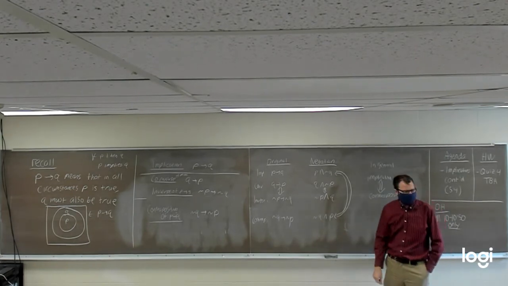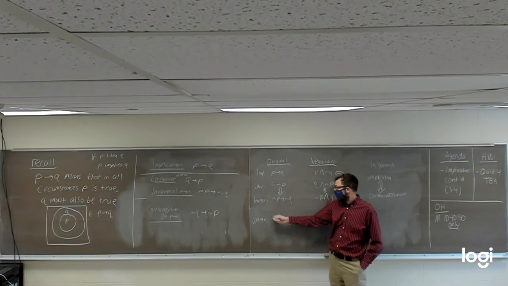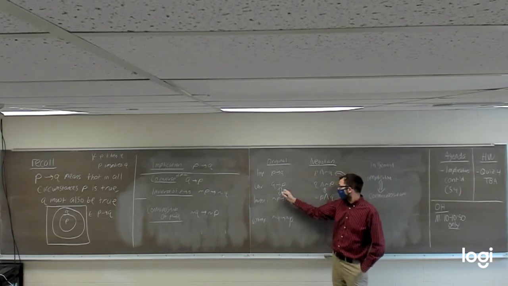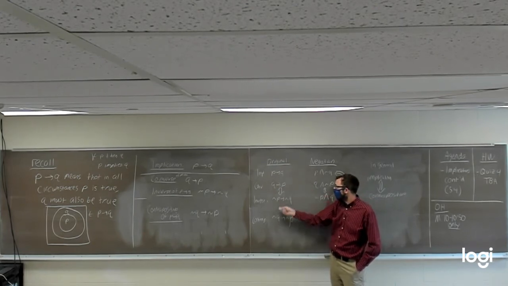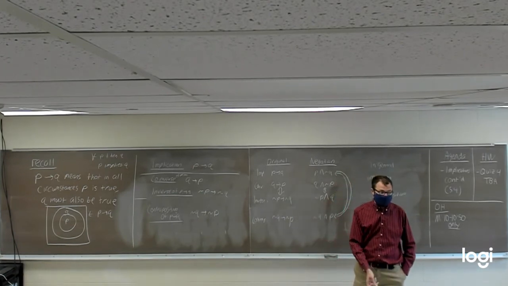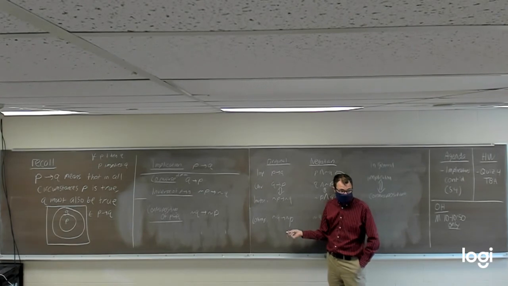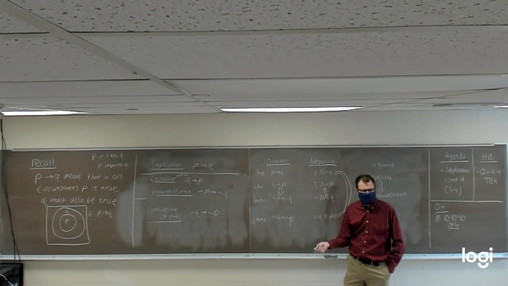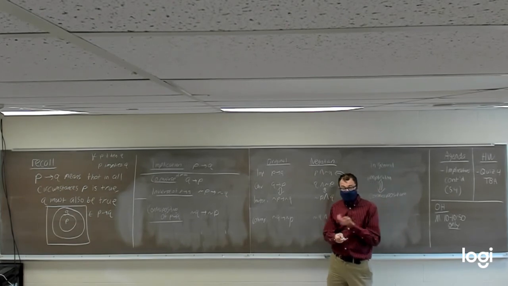Which is kind of ironic, if you ask me, because out of the converse, inverse, and contrapositive, the contrapositive is the one that looks the least like the original implication. To get from the implication to its contrapositive, we not only have to swap the P and the Q, but we also have to negate the P and the Q. Sort of like a double negative canceling each other out.